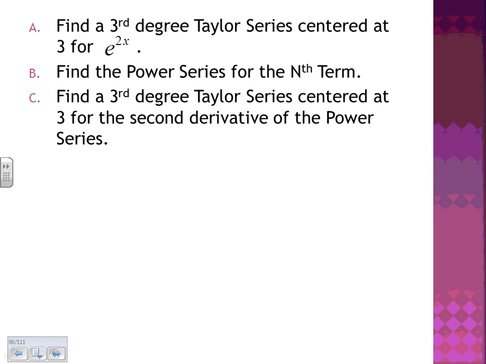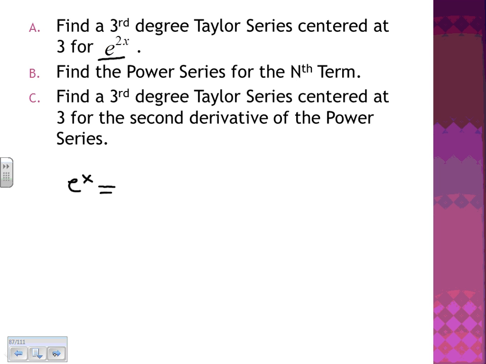So, for instance, let's say that right here it says find the third degree Taylor series centered at 3 for e to the 2x. All right? So the first thing you'd want to do is start with the basic e to the x.